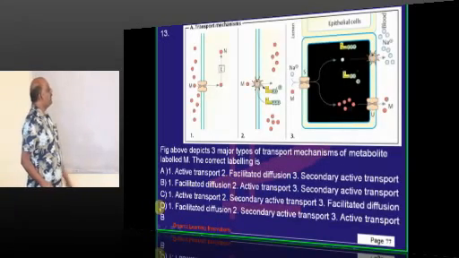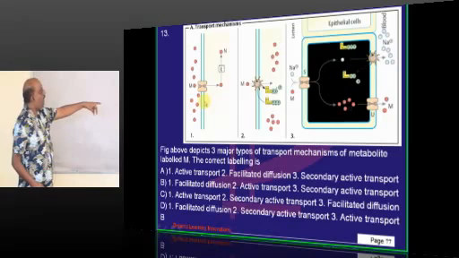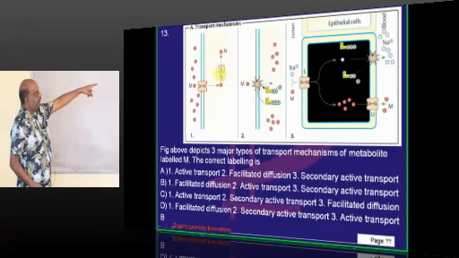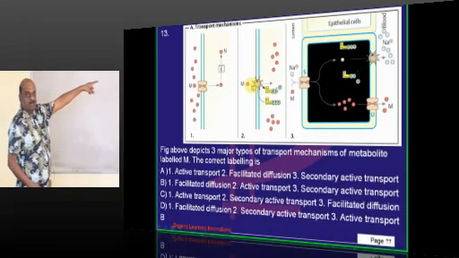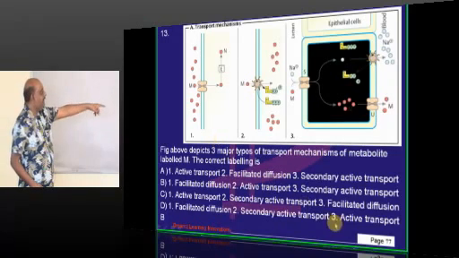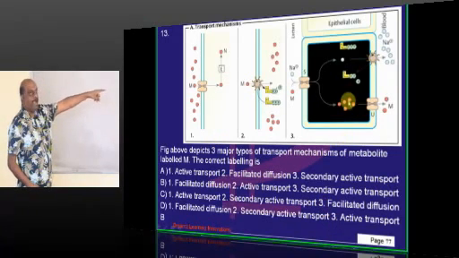So what are the various names which have been given? One is called facilitated diffusion, where it is facilitated by a carrier. Then ATP is involved, that is active transport. Third is secondary active transport.